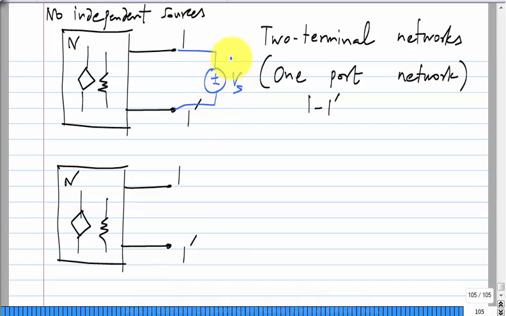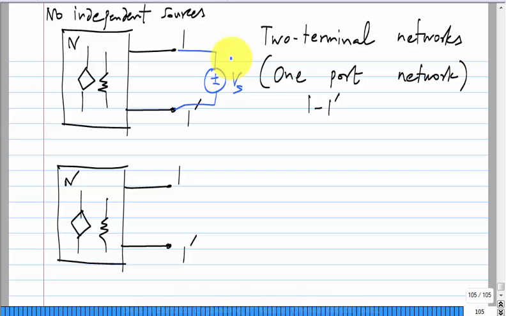So, let us say I connect a voltage source to it. What can you say about all the branch voltages and currents in the circuit? You understand the question?